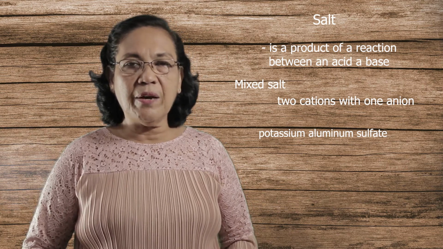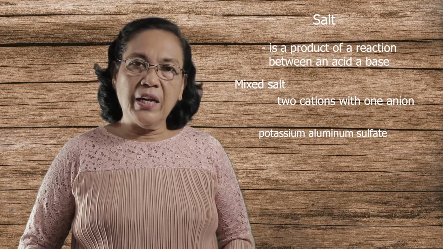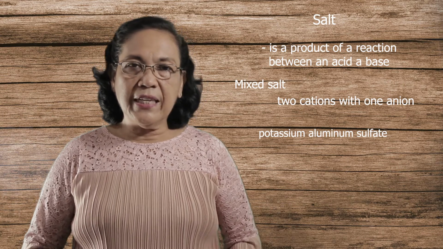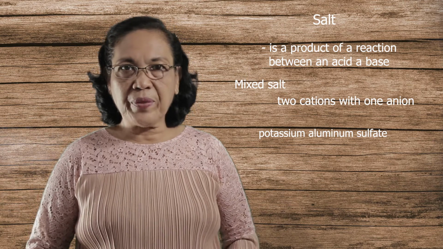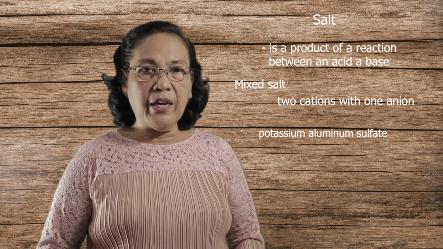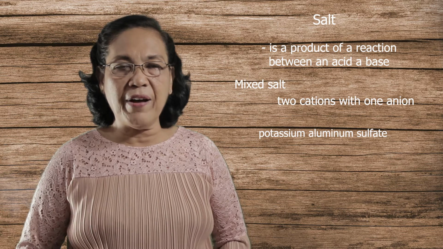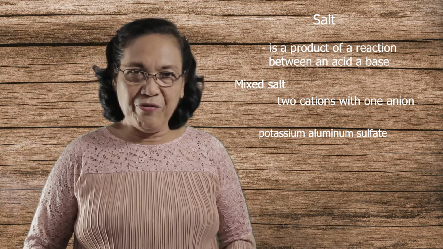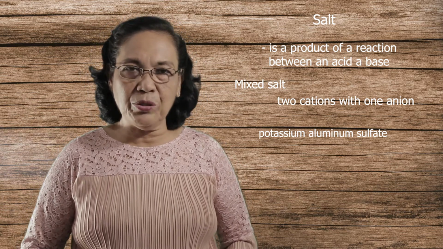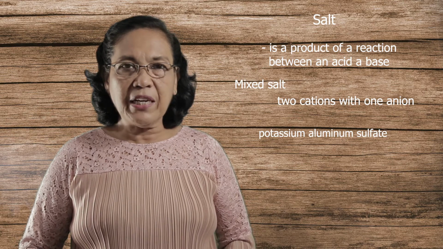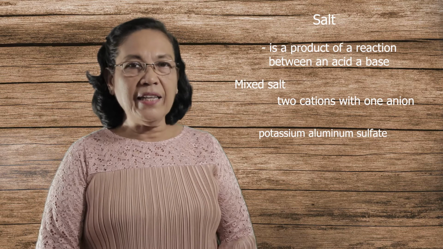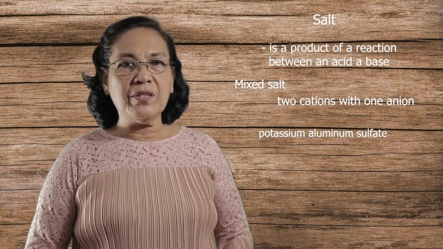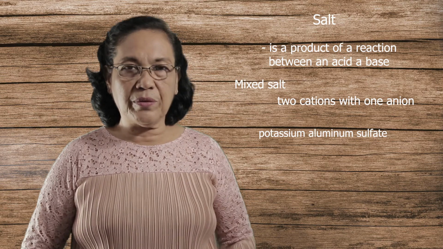Okay, repeat. K2AlSO4 subscript 4. Now, you notice that the subscripts 2 and 4 are reducible if you're going to divide this by the factor 2. So, if you divide the subscripts by 2, the subscript of potassium now becomes 1, and the subscript of sulfate is 2.